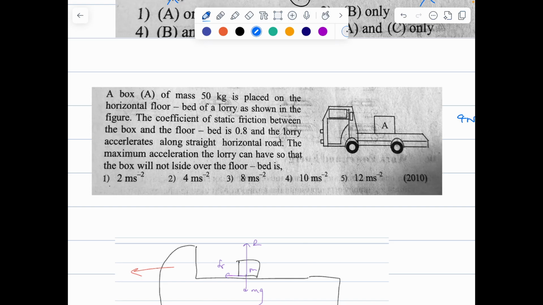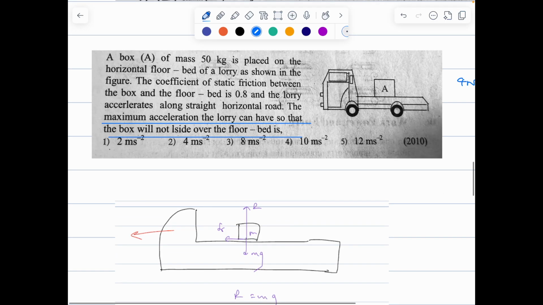Alright, so you know, when the lorry accelerates forward, the block is trying to move backwards, then there's going to be a friction forward, right?